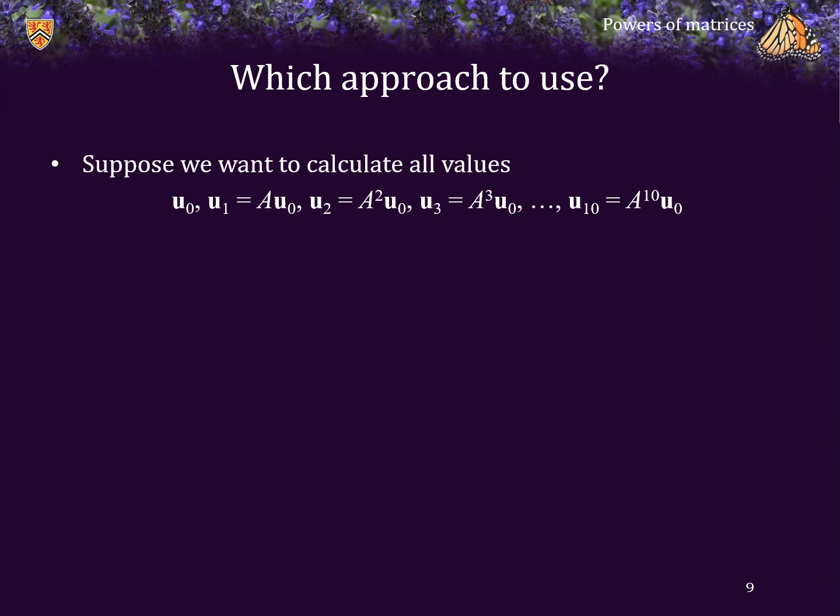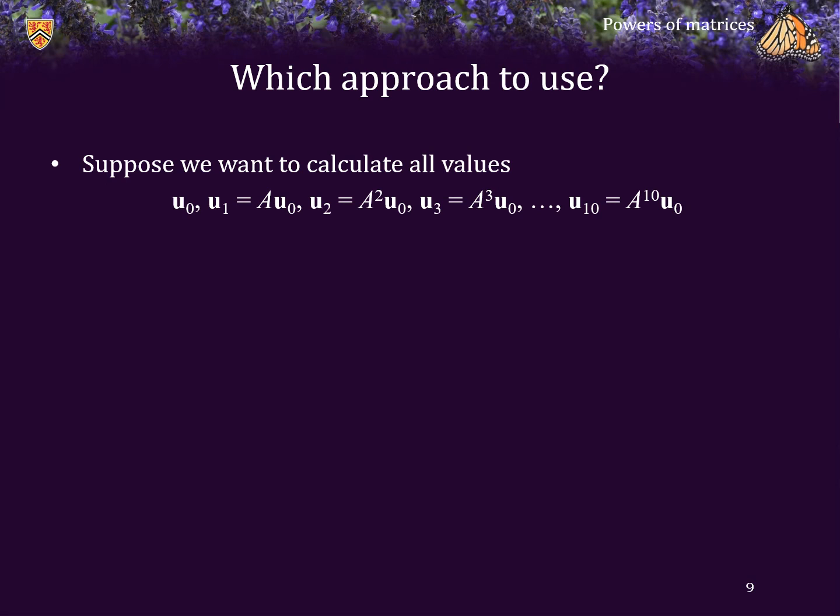Now suppose that we don't just want to calculate A to the k times an initial vector u naught, but rather we'd like to calculate A to the k times u naught for many different values of k.